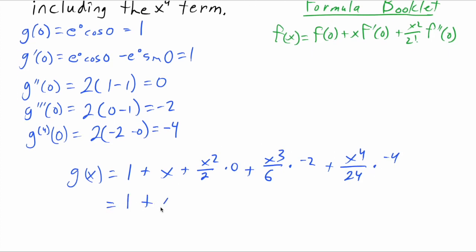So it's going to be 1 plus x plus half, oh that's 0. This is going to be minus 1/3 x cubed, and this is going to be minus 1/6 x to the power 4.